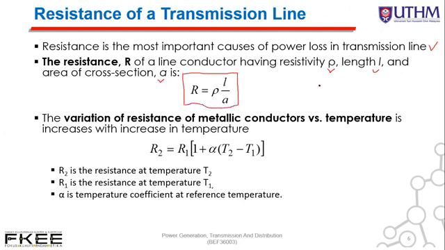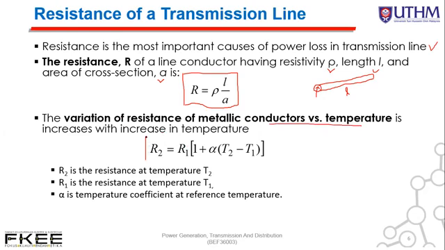Suppose that you have a conductor line like this. You have a length of the conductor line, and the cross-section area is here, and the resistivity ρ is determined by the type of material used for the conductor. The resistance of a metallic conductor increases with an increase in temperature.